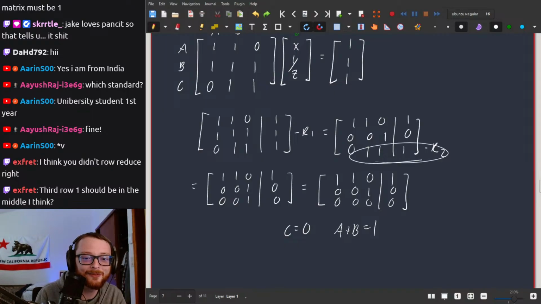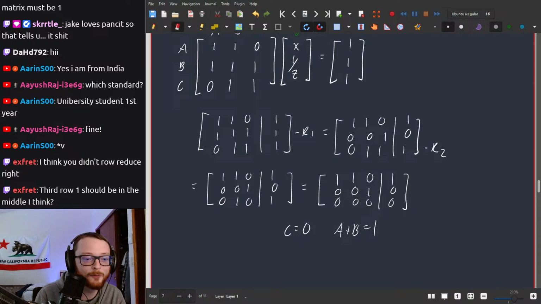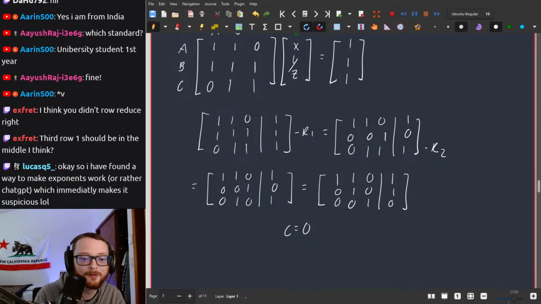I think I did this step terribly wrong. This makes so much more sense. Okay, no, this gets the exact right thing. Because now C equals 0, B equals 1, A equals 0.